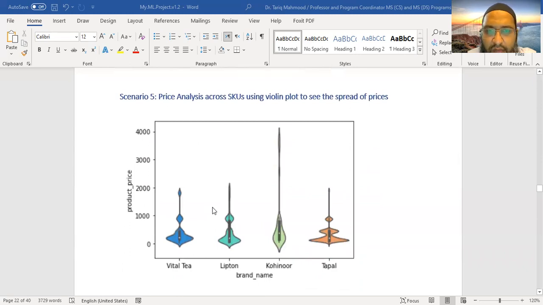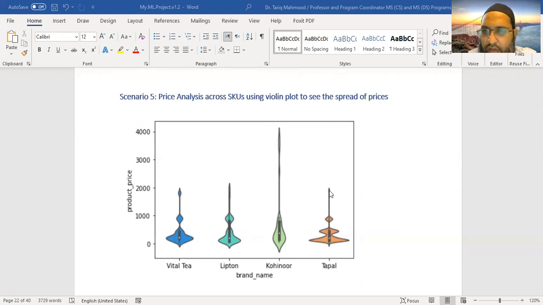Yeah, so this is the violin plot. The violin plot basically shows the spread. As compared to Lipton, the spread of Tapal is more, but this is too much.